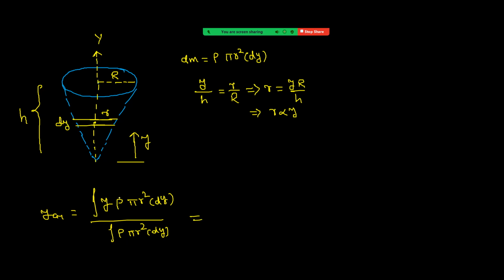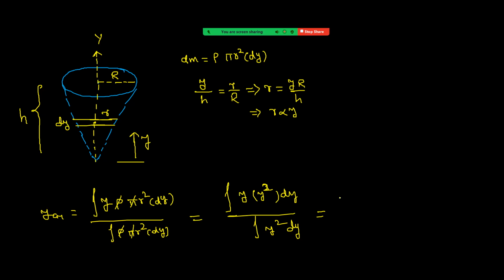So rho gets cancelled, and we are left with the integration of y times r square, with r square proportional to y square. So y into y square dy upon y square dy.